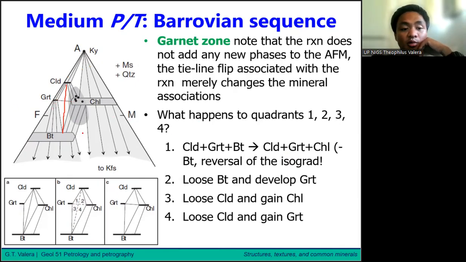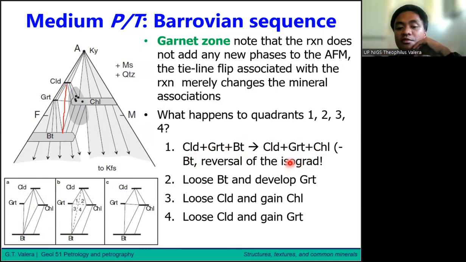So, sa area 1 natin initially had chloritoid, garnet, and chlorite. Okay? Hindi pala. Chloritoid, garnet, and biotite. After the reaction, it became chloritoid, garnet, chlorite. Take note, yung biotite natin, bumalik siya, naging chlorite siya.